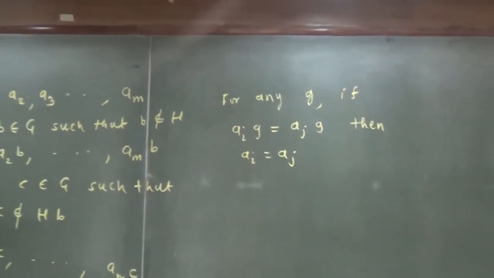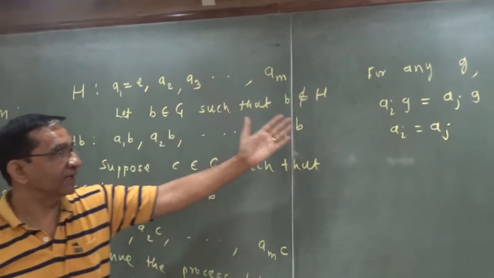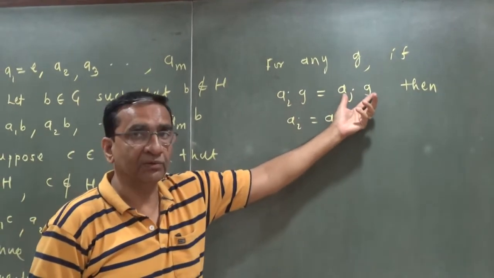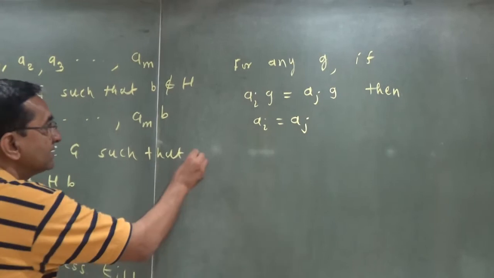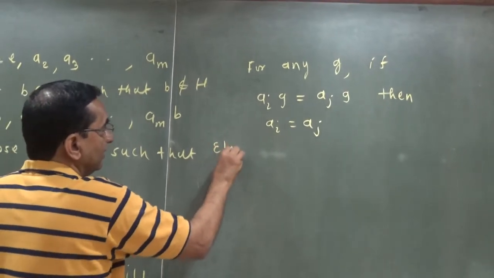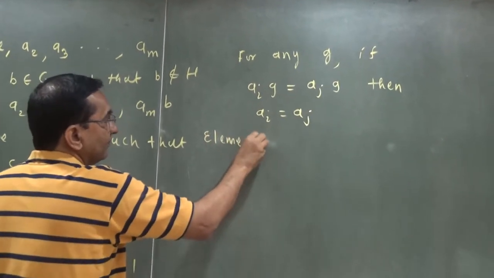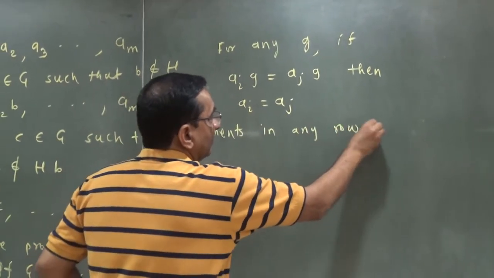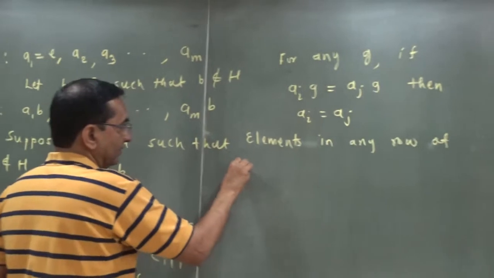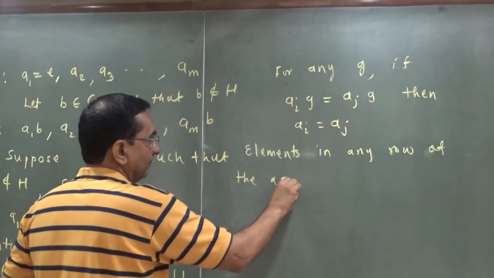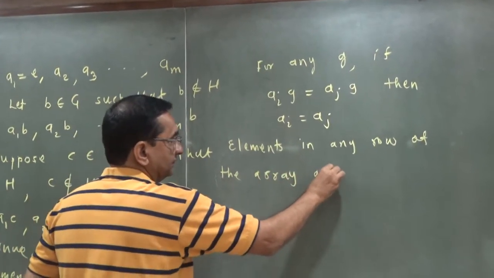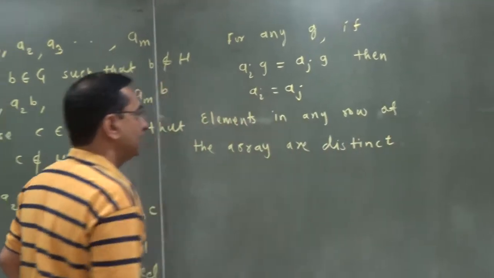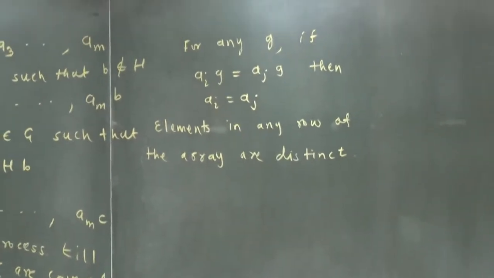But of course, these are all distinct elements of H, so that cannot happen. So this AIg also cannot be equal to AJg. So elements in any row of the array are distinct. That is the first observation. Okay, this is an important observation.